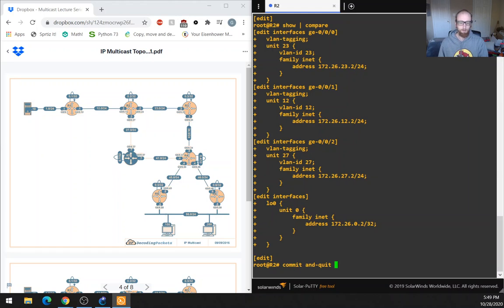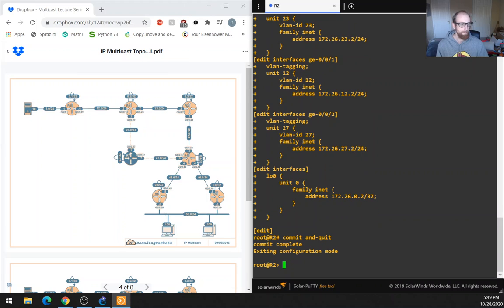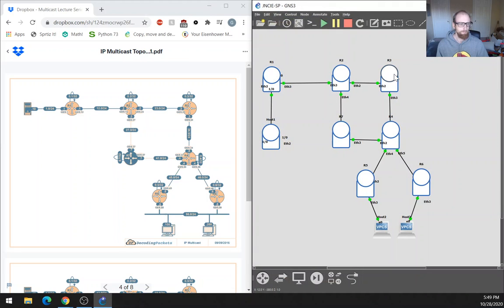I don't see any problems. It's a bad omen. It means there might be problems. Alright, so let's move on to router 3. Takes this long to commit. Usually it's going to be fine. There we go.